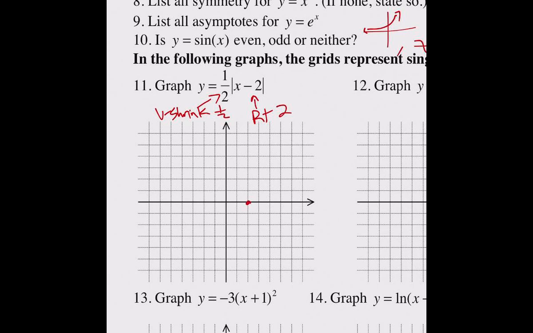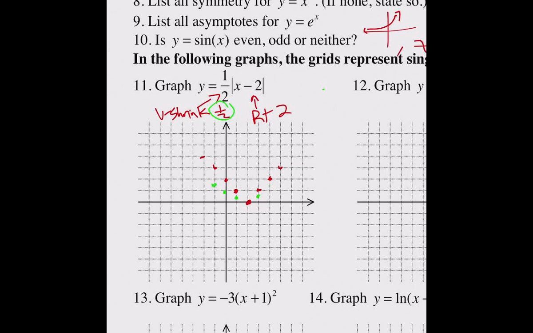And usually for a V, I would go over 1, up 1, over 1, up 1, and so on. But because of that 1/2, making it half as big, I go over 1, up a half. Instead of over 2, up 2, I'm going over 2, up 1. Instead of over 3, up 3, I'm going over 3, up 1.5. What you get is all the heights are half as big.